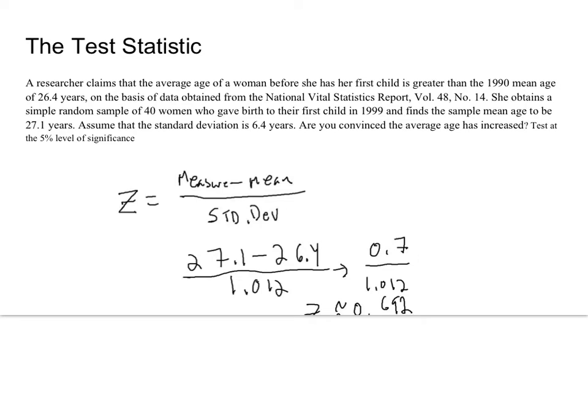Now, remember, the standard deviation is not the 6.4, but it's the one that came from 6.4 divided by the square root of 40, because we're in that sampling distribution mode. And to do that calculation, I came up with a z-score of 0.692. So that's my test statistic.